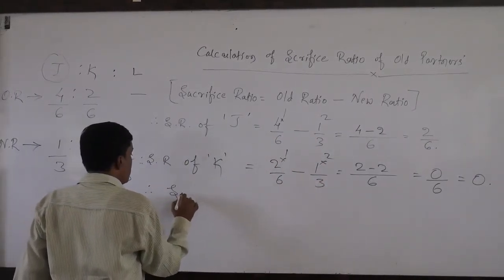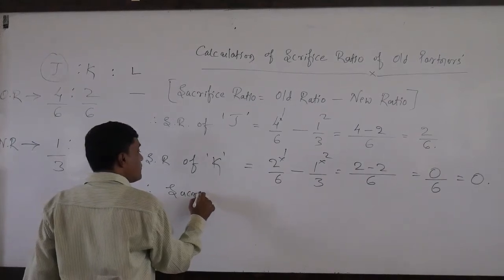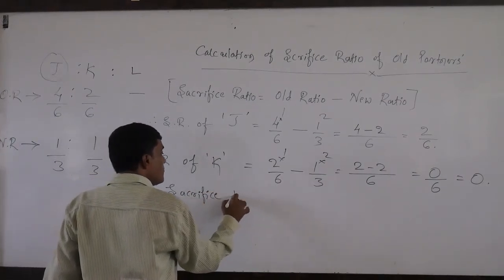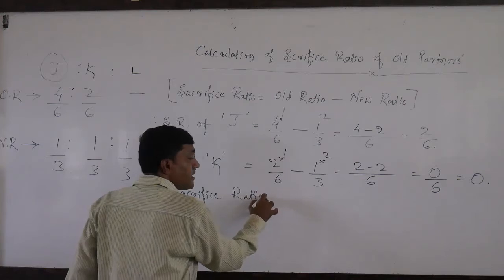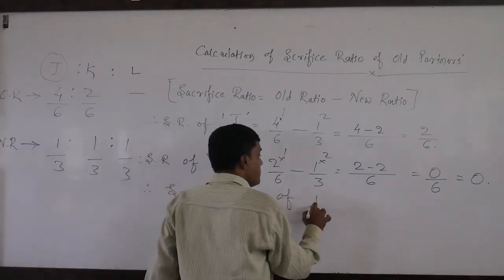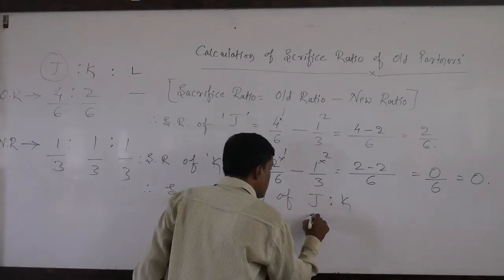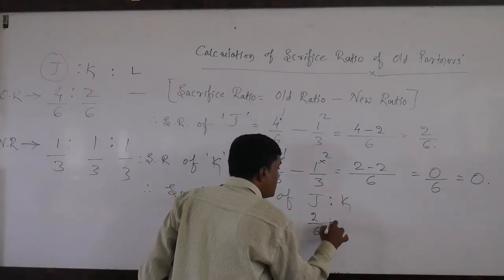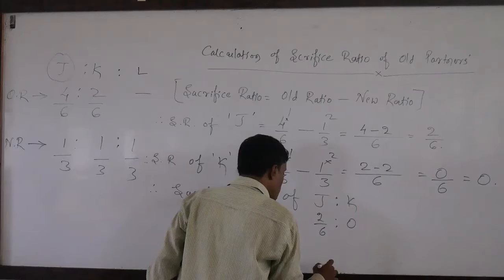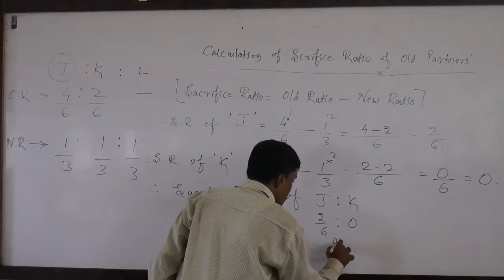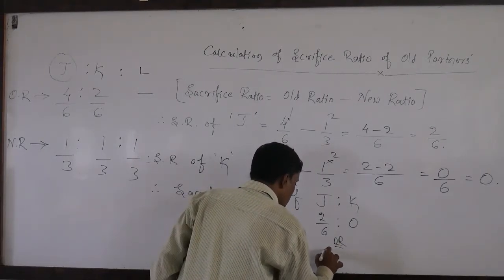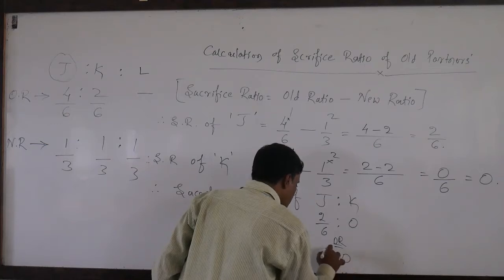Therefore, the sacrifice ratio of J is to K, that is 2 by 6 is to 0, means 1 is to 0.